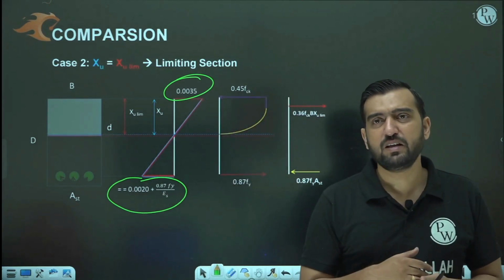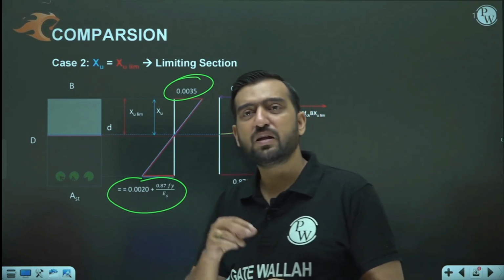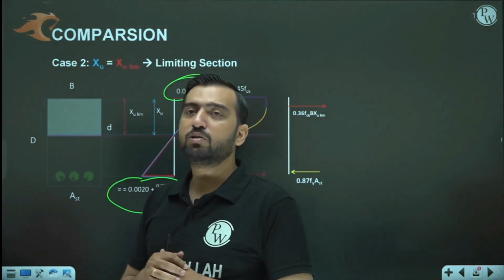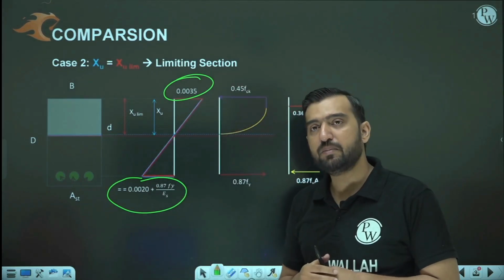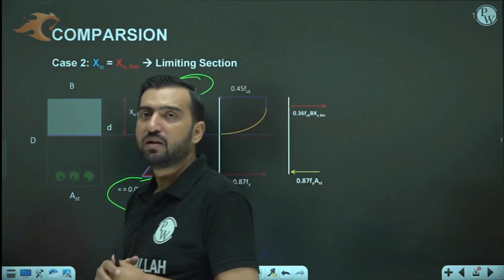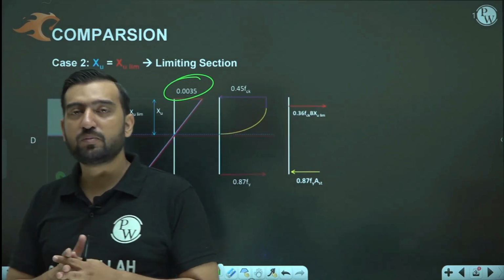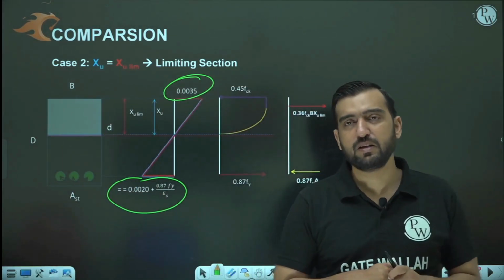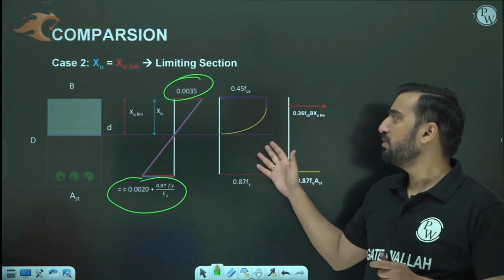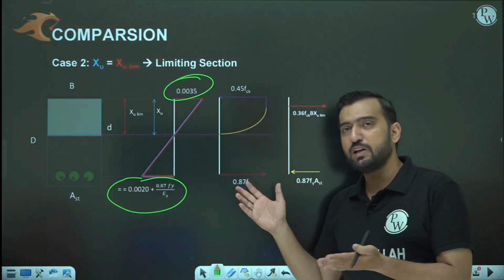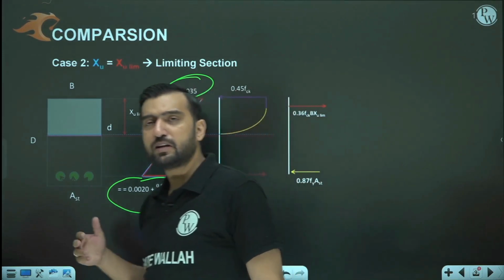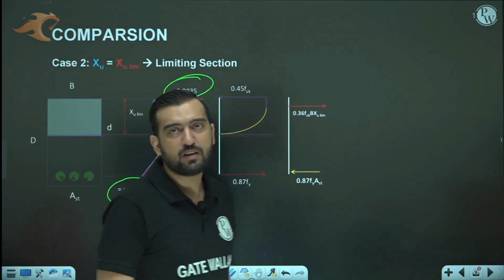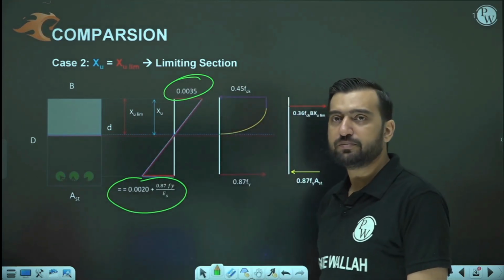So design of a singly reinforced beam is nothing but a special case of analysis when xu is equal to xu limit. But yes, in a doubly reinforced section, design is somewhat conceptual and critical. So we will be watching that, don't worry. But singly reinforced beam design is nothing but the Mu limit case. So simply equate the factored bending moment with Mu limit, and we can get the value of D and all. Okay, I will tell you.